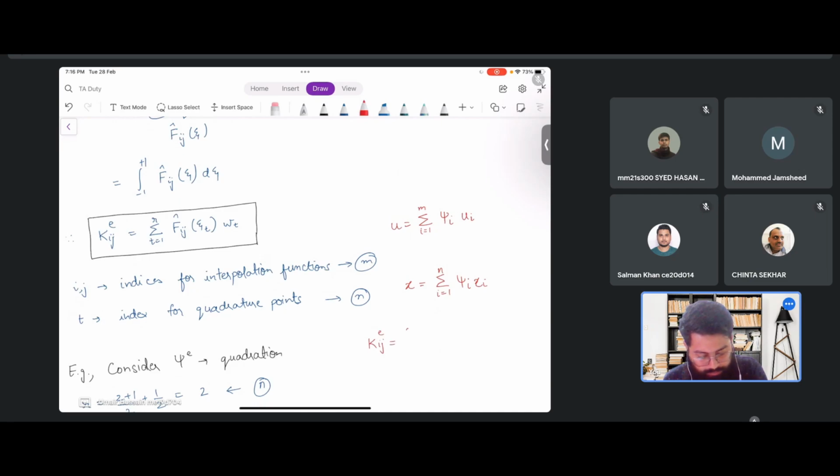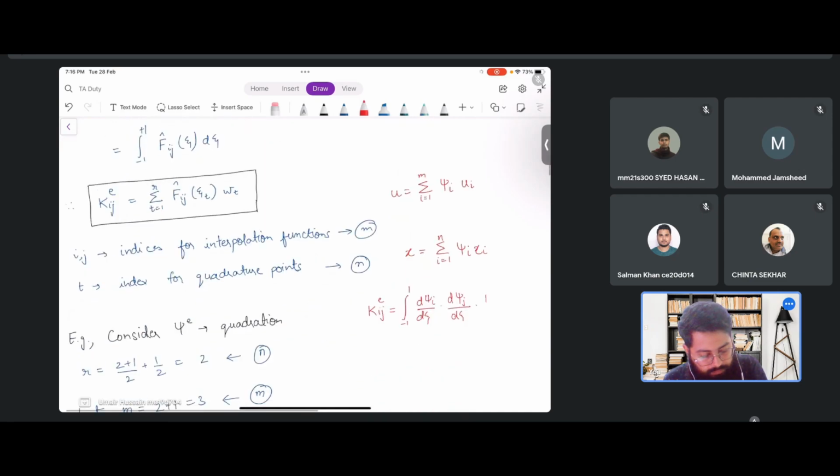K i j equals the integral of d psi i by d zeta times d psi j by d zeta times 1 by Jacobian, right here. 1 by Jacobian. So since psi i and psi j are quadratic, then the degree here is 1.